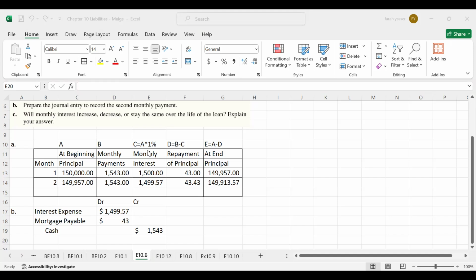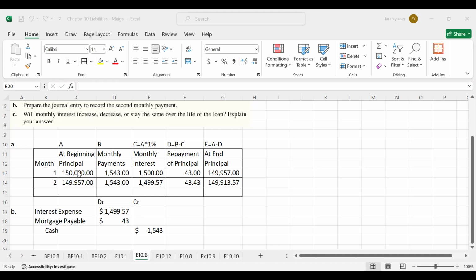You can see the monthly interest payment decreases in future. Why? Because the principal amount also decreases. We apply the rate of interest on the unpaid balance of the principal amount. So the unpaid balance decreases, and that's why interest expense also decreases.